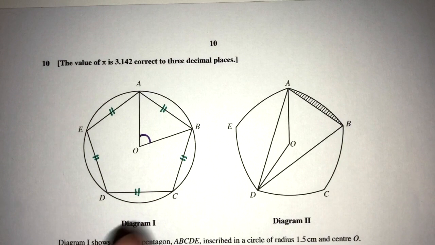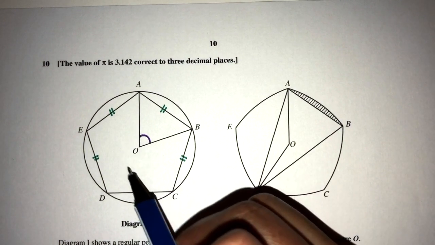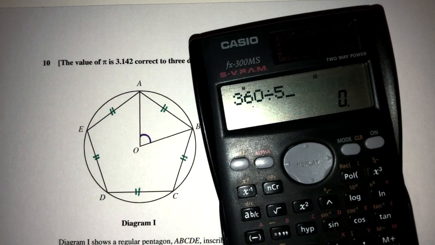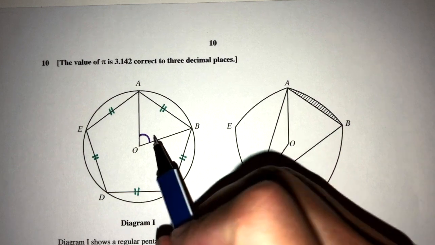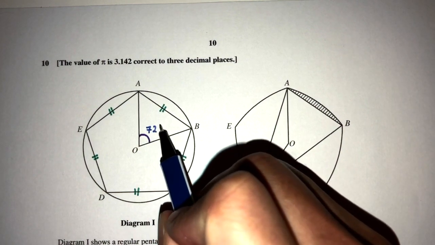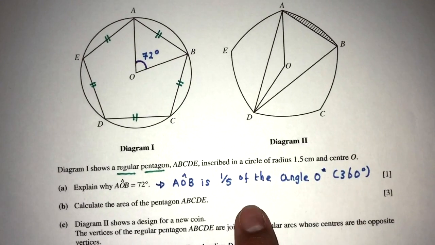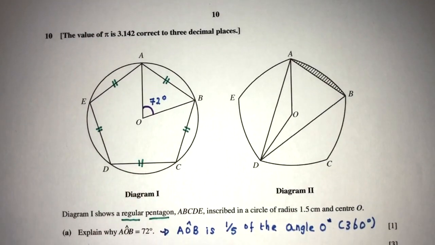Because if you look here, this will be 360. Since we have 5 equal shares, you have to divide by 5 to get this, right? So 360 divided by 5, that will be 72. So it means this is 72. That's the first step. Now, if you don't want to write this, no worries. You can just show directly how you find this.